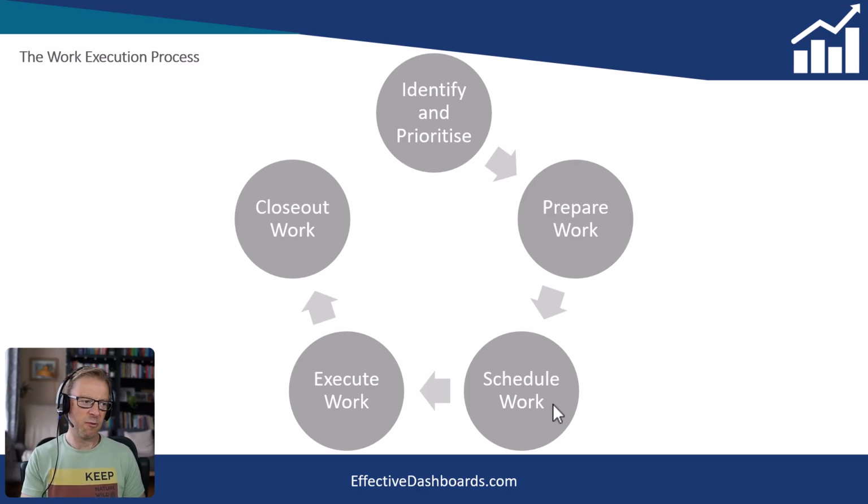Then we go and execute the work. We need to make sure the work's done efficiently and safely. And then finally, we close out the work, and that is where we capture information related to what was actually carried out. That's really useful information from a historical point of view to analyze our reliability. So how is our equipment breaking and what are we doing to fix it?